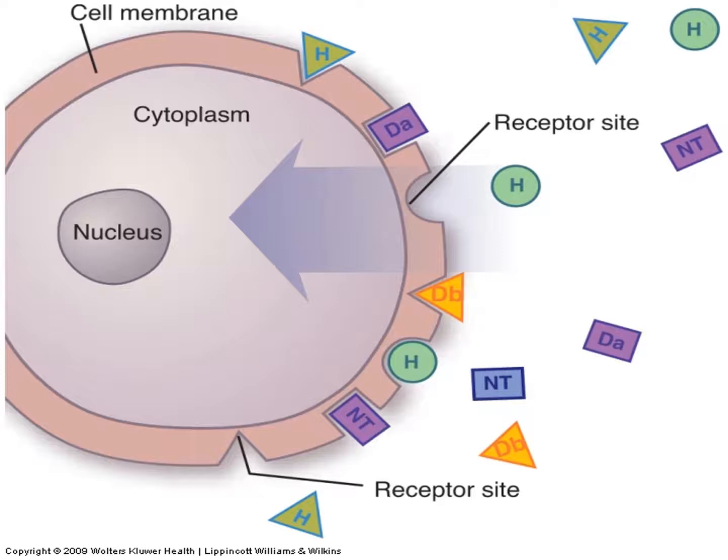Only certain ones will fit into those receptor sites. The molecular site, or the docking port, is on the surface or within a cell, usually involving proteins that are capable of recognizing and then binding with those specific cells and drugs.